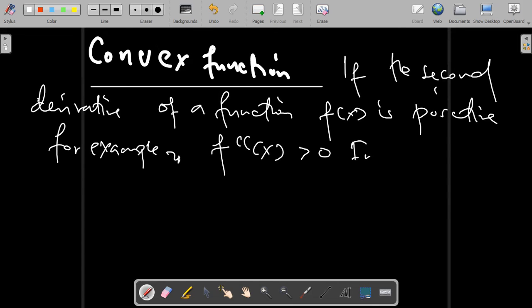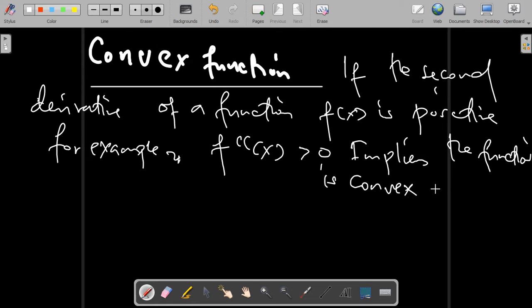This implies that the function is convex in the given interval.